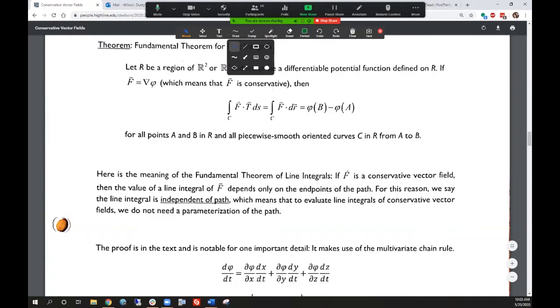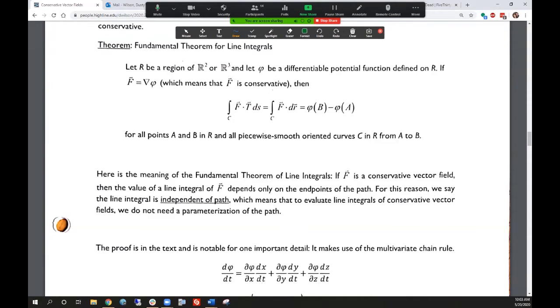You all just finished your homework on 17.2, and that very first step in all those questions is a parameterization. Even sometimes it's given, but here, if you happen to be working through a conservative vector field, we do not need to parameterize the path. This is good news. And let's maybe see why this would be the case.